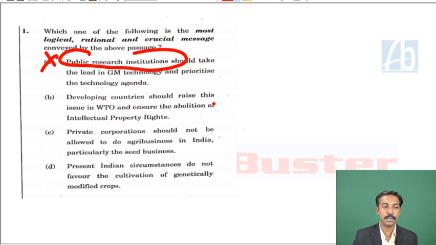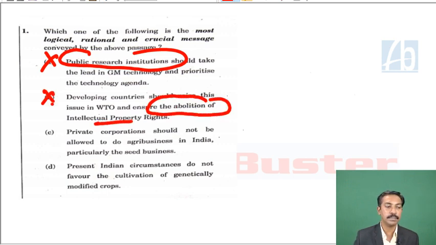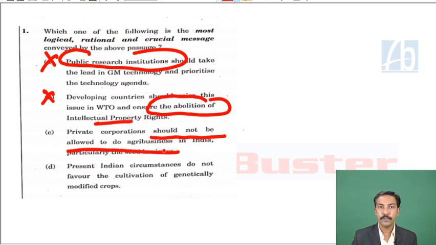Option B can be easily eliminated because there is no reference to abolition of intellectual property rights. B is also a wrong choice. Option C, private corporations should not be allowed to do agribusiness. This is extreme. If we are very clear in eliminating option A, that we are not bothered about the agents, then the emphasis is not on either public research institutions or private corporations.